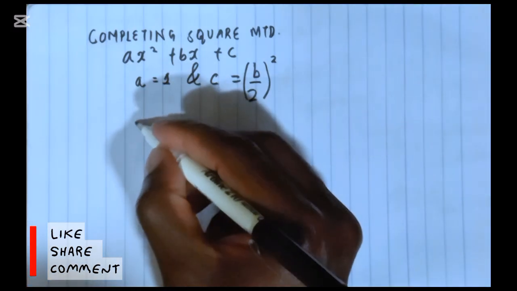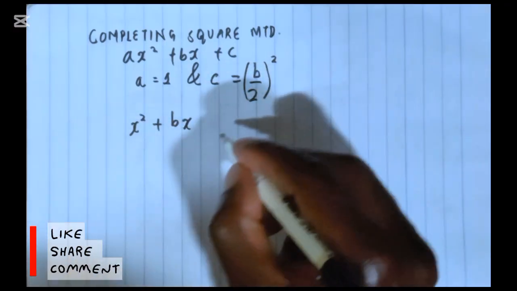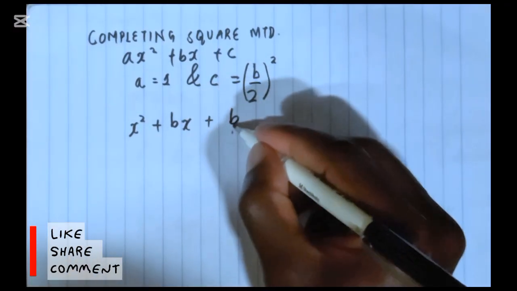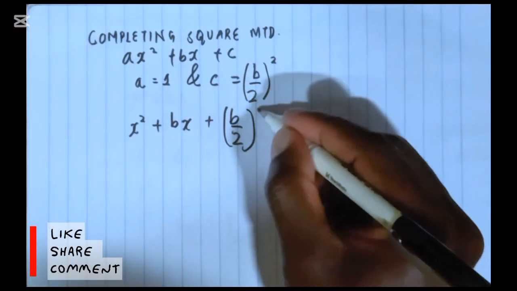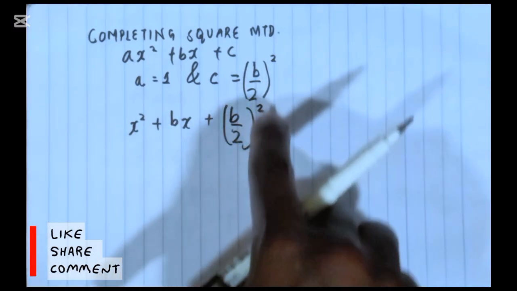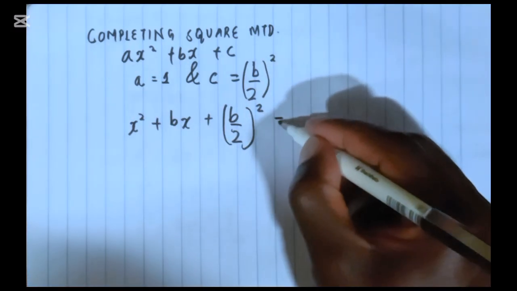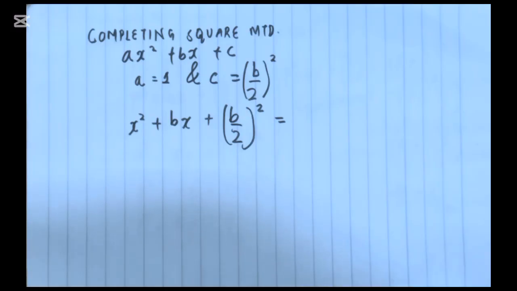And so we said that in a perfect scenario, we would have x squared plus bx plus b all over 2 squared. So basically, what we've done here is we've rewritten c using b all over 2 squared. And we also said that if this is the case, then we can also find its square root.